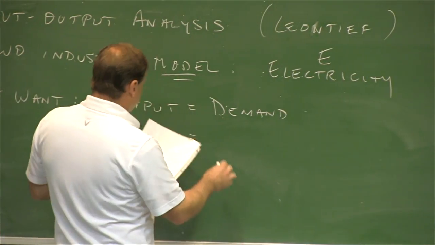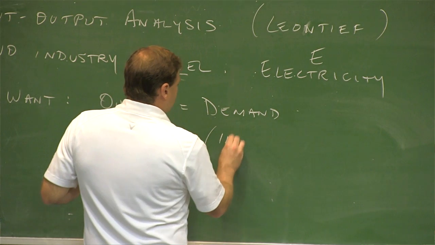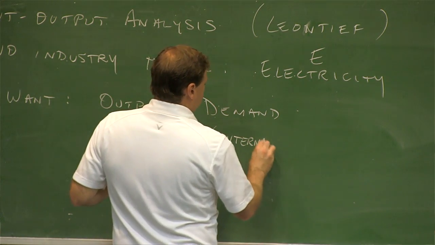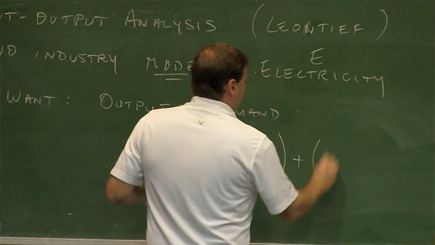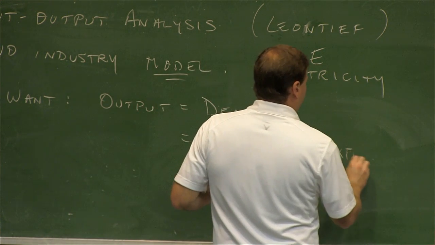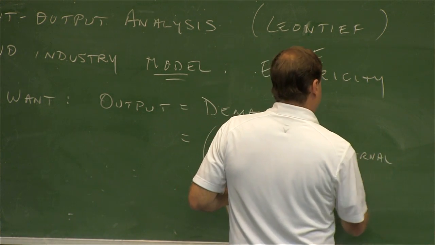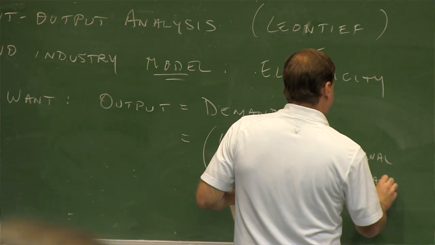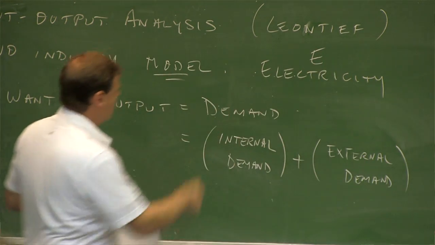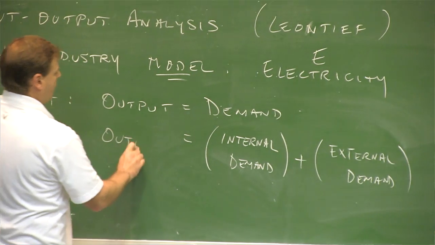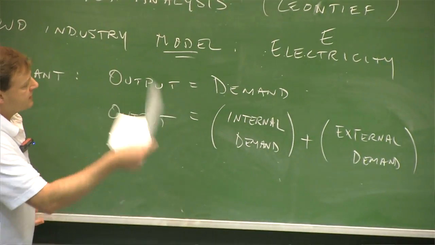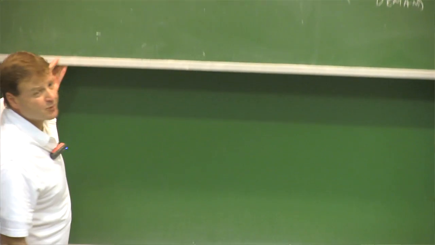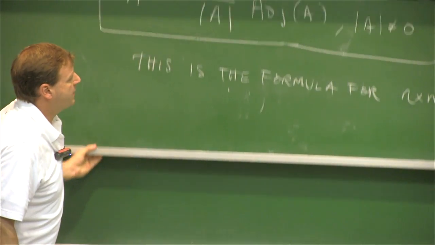So this demand gets broken into 2 parts. There's the internal demand and the external demand. This is from the population. Those 2 things equal the demand, and then I want that to equal the output. Now I have to spend a lot of time to explain all these things and set up the notation, and that's why I don't do too many of these economics examples in class, because they eat up a lot of time.